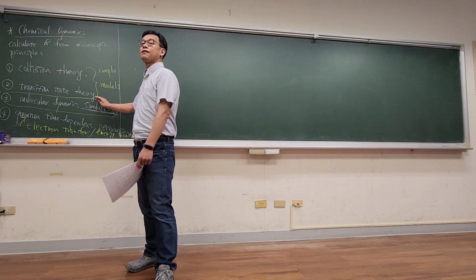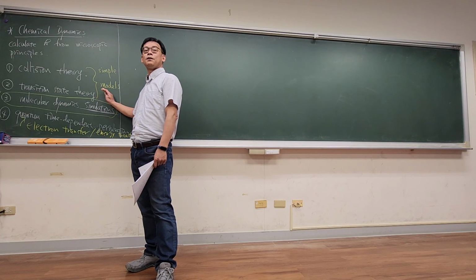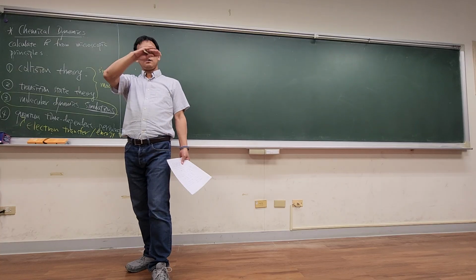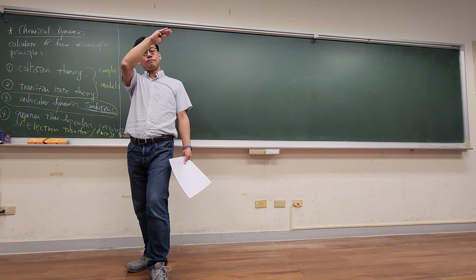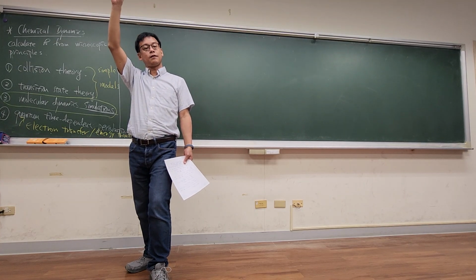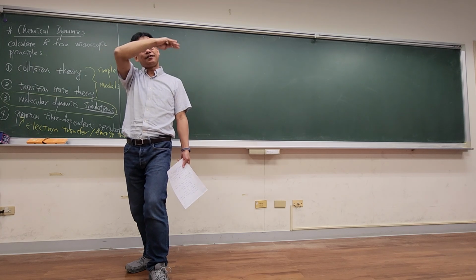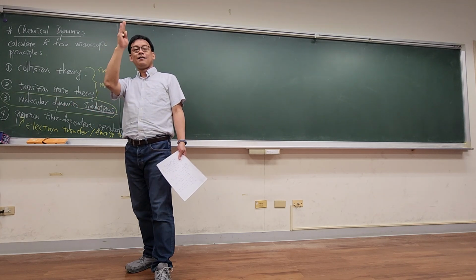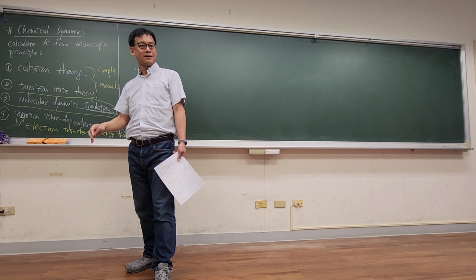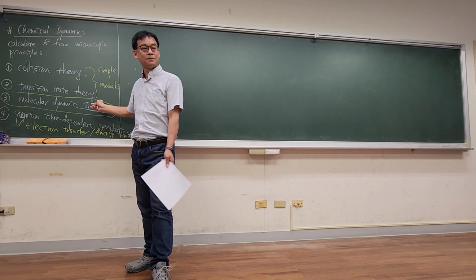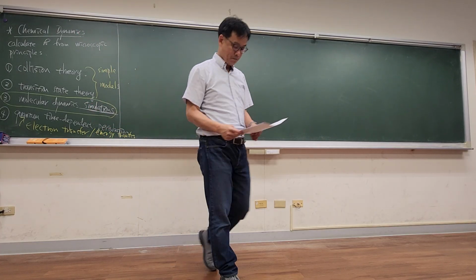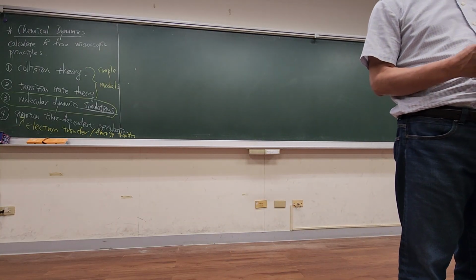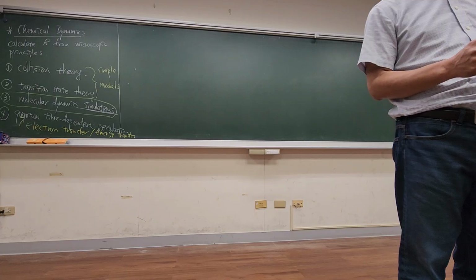And for transition state theory, we're going to only cover so-called simple transition state theory, simple and no recrossing type of transition state theory. So that will be the topic of today's lecture.